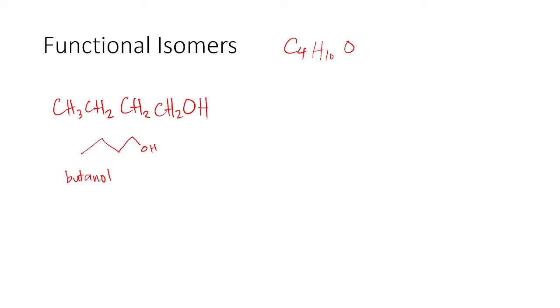But in some cases, this formula may be written as CH3, CH2, then our oxygen, then CH2, then CH3. If we count the number of carbons here, we have one, two, three, and four. For the hydrogen, we have 3 plus 2, that will be 5, plus 2, that will be 7, and plus 3, that will be 10.